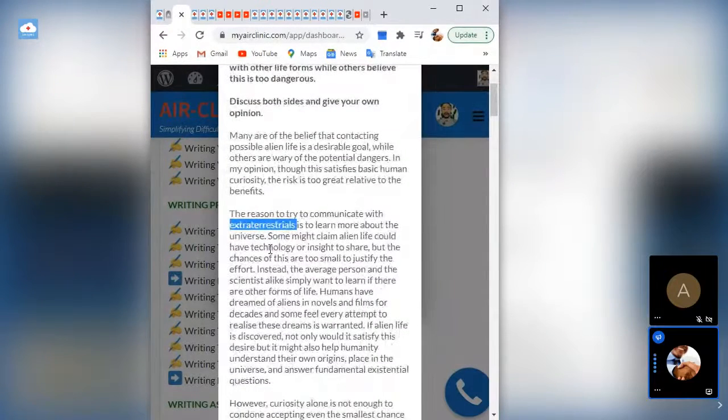Some might claim alien life could have technology or insight to share, but the chances of these are too small to justify the effort. Instead, the average person and the scientists alike simply want to learn if there are other forms of life. Then he's going into another thing.